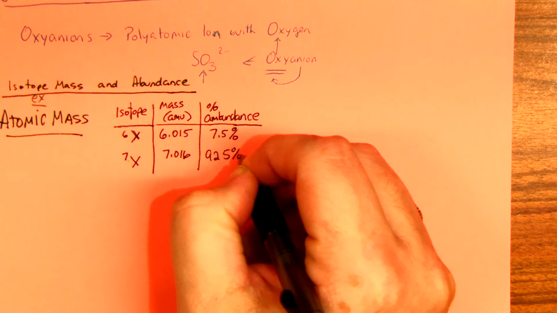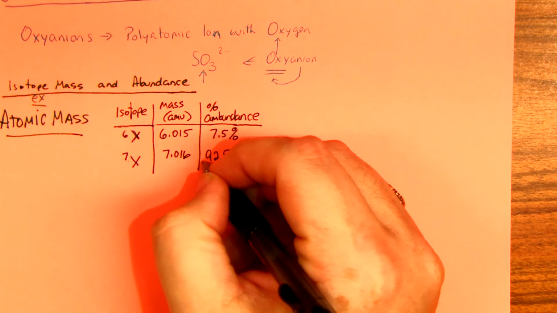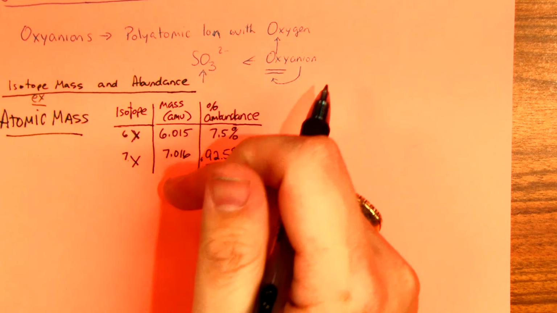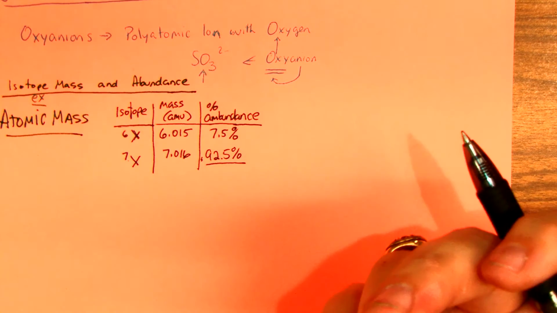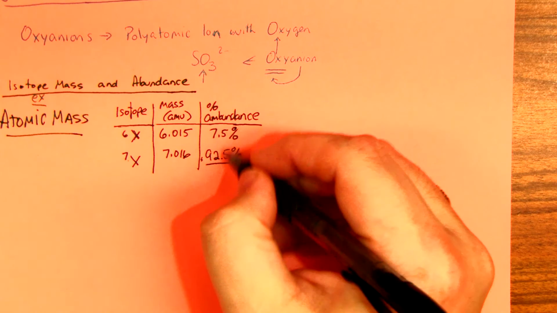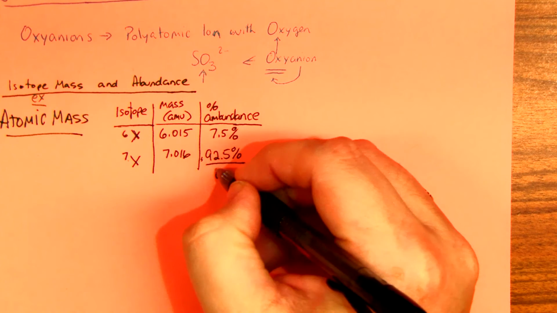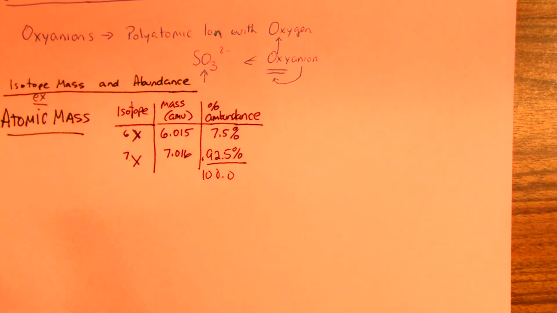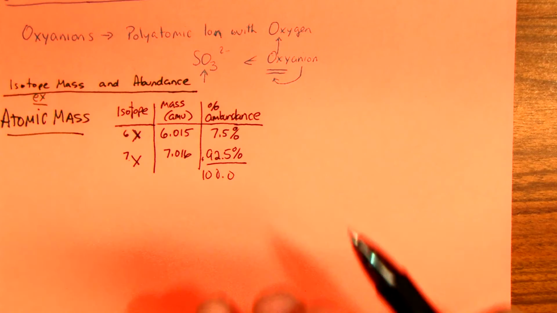And if you add these up together, what should you get? If these two isotopes make up the element, it should add up to 100%, because that should cover the entire element itself. You add that up, that's 100%. So it works out pretty good. Now, when we're doing the math, can we use 7.5%, or do we have to change it?